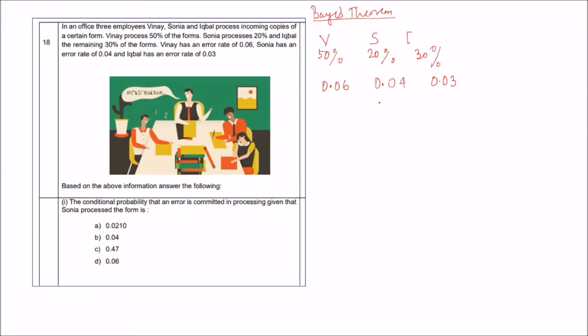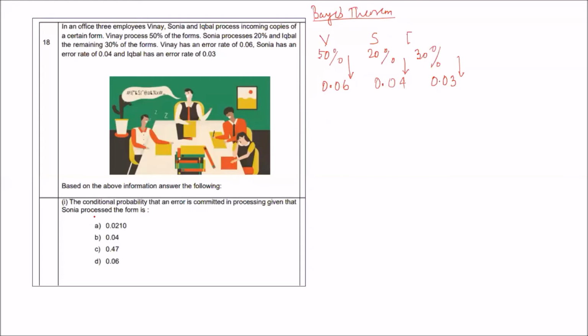So sometimes for this type of question, you calculate the total probability. Total probability, that means error from each of them. So when you have to find what is the possibility of error, you multiply all this respectively and you add it, which is your sample space. So this will also be in one part of the question, because this is a very important concept.